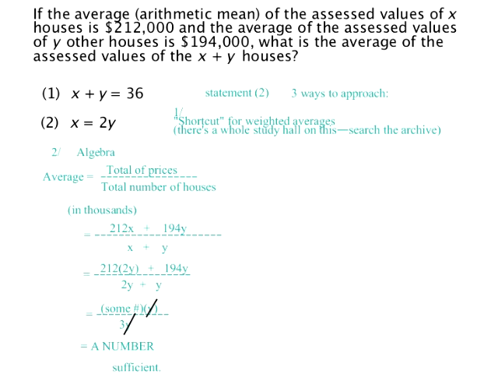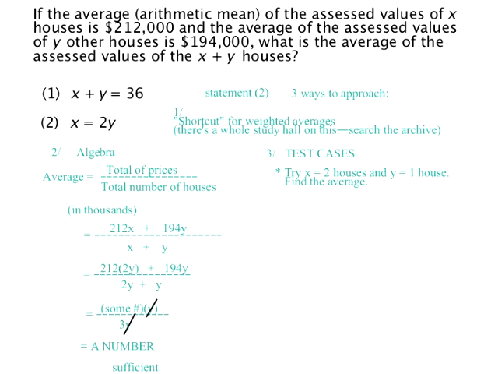Lastly, you can test cases. Don't forget that's a thing. We're sort of running over here, so I need to just sketch this out for you. What you can do is try different values of x equal to 2y. Try x is 2 houses and y equals 1 house, and find an average.